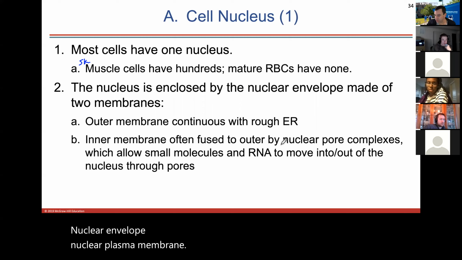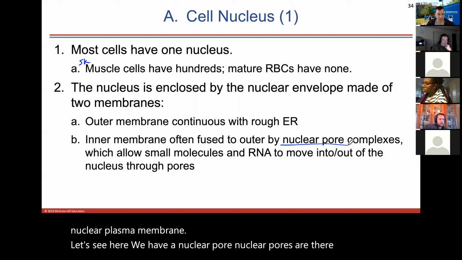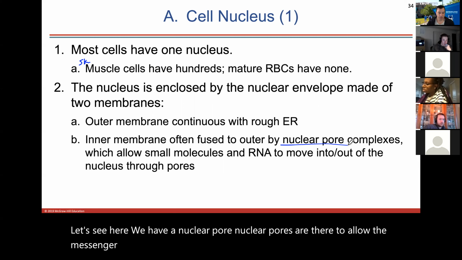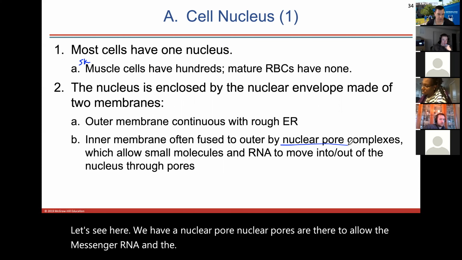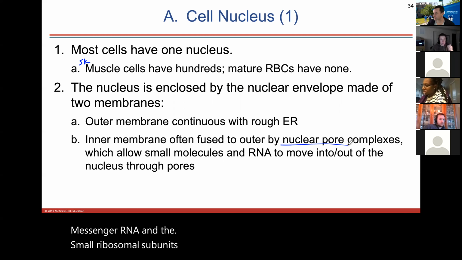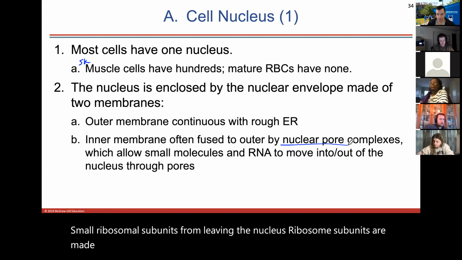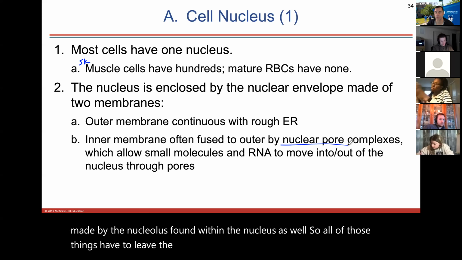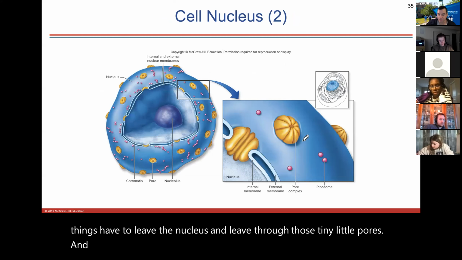We have a nuclear pore. Nuclear pores are there to allow the messenger RNA and the small ribosomal subunits to leave the nucleus. Ribosome subunits are made by the nucleolus found within the nucleus as well. So all of those things have to leave the nucleus. They leave through those tiny little pores. And again, there's that nuclear pore right there.